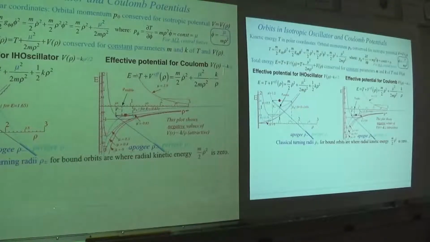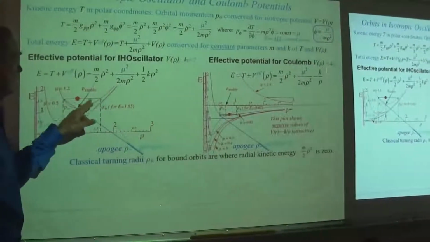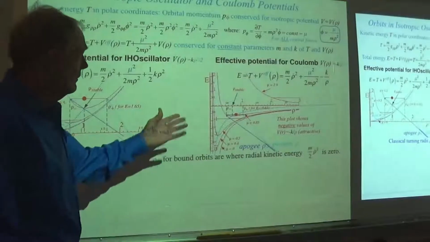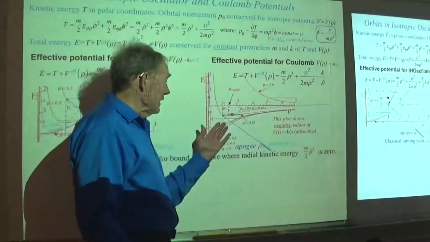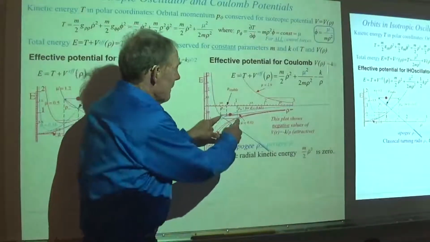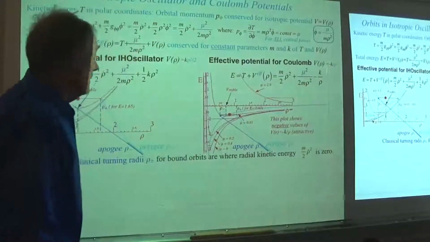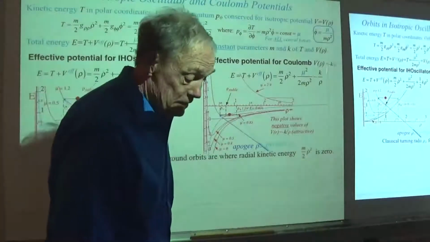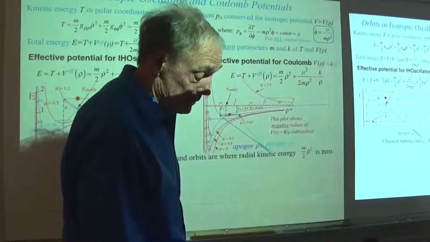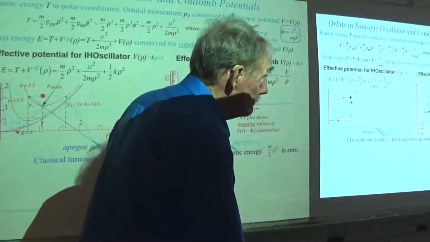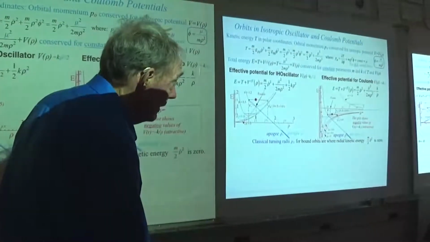This distance right here, or more particularly this point and this point, those two: the up point apogee, the down point perigee. And then the same thing, we've got to look for that in the Coulomb orbits too. Okay, so that involves just a little bit more algebra than the other things.